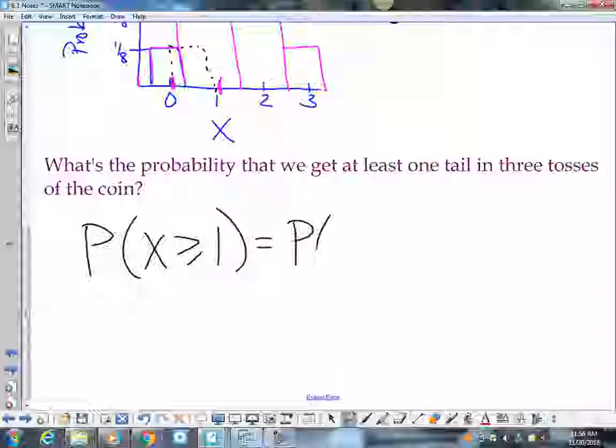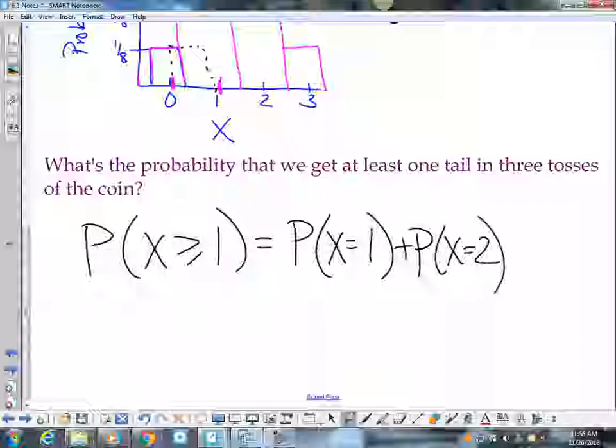I can find the probability that X equals 1 plus the probability that X equals 2 plus the probability that X equals 3. Write that out. You need to see it. It needs to be in your notes. And that's not a bad one. It's only 3 that I need to add together. It doesn't keep going because I cannot have more than 3 tails.